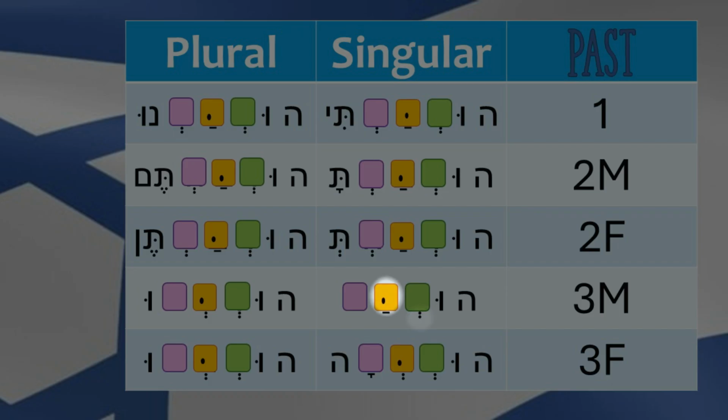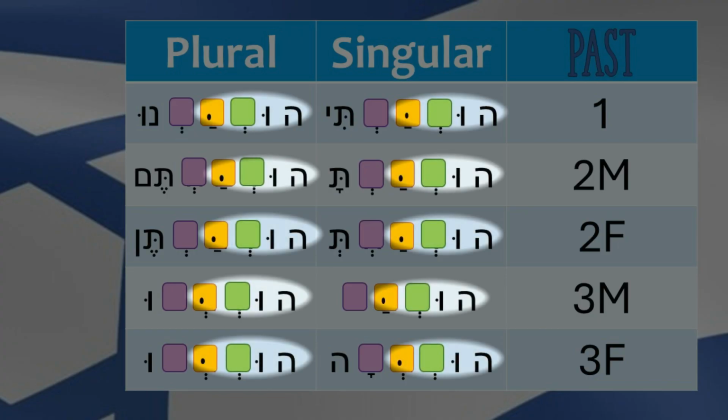And then you get your second shoresh letter, and that one has a hardening dagesh, just like it does in the present tense. And at this point, that is the end of the commonalities between all of the forms.